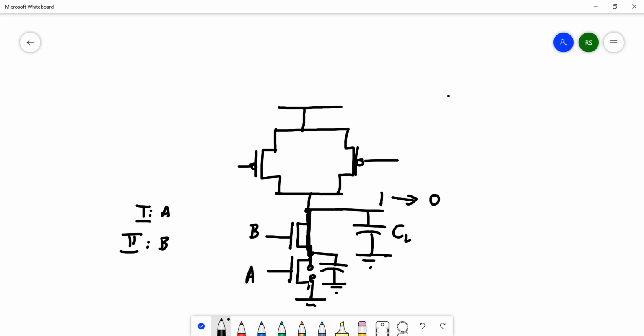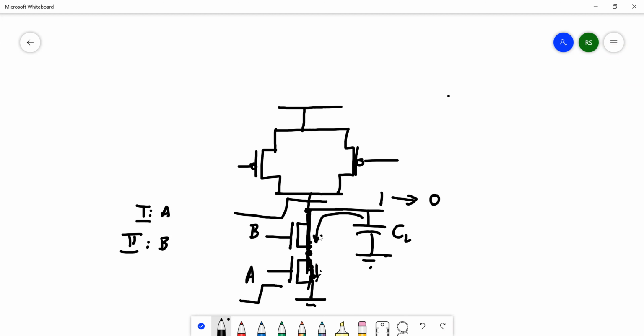So what I'll do now is, when A has arrived, that is A has gone from 0 to 1, this capacitance will get discharged. So I can completely remove this capacitance. It's out of the picture. So A has come, the intermediate capacitance is discharged. Now after some more time B will come, only the output capacitance has to get discharged, and that is the simple idea behind this input ordering effect.